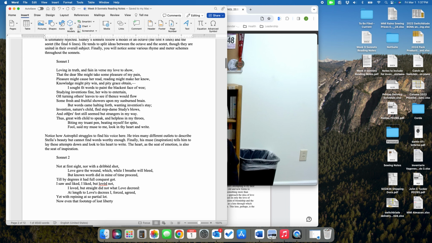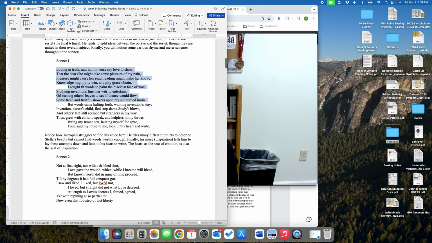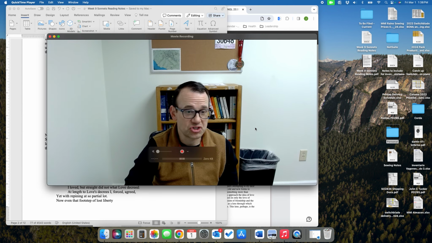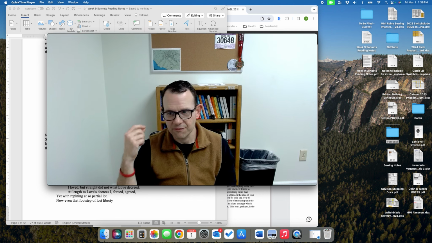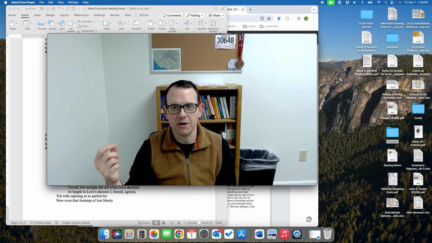And so that's just one sonnet, but you can see how you have that split between the octave here and then the sestet here, where you see that resolution in that final writing couplet where Astrophil says, fool, like I will write from my heart.